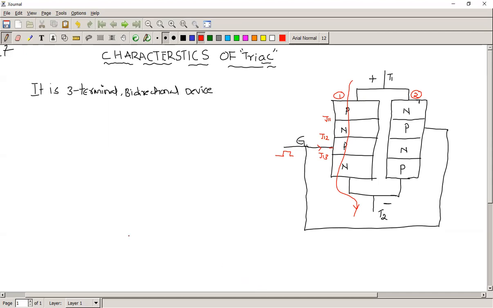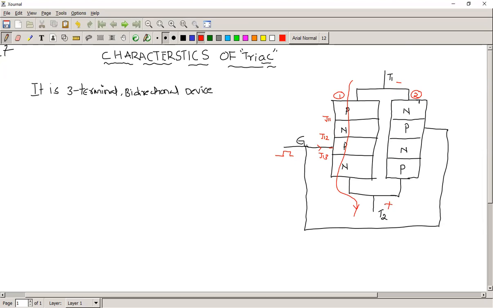Suppose we apply the negative voltage to T1 with respect to T2. Here we are applying the negative voltage, and here applying positive voltage.